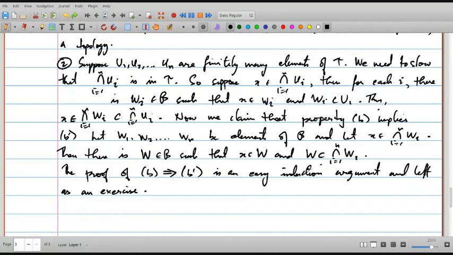Okay, so now we will simply use property B prime.